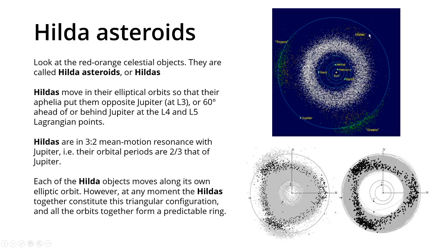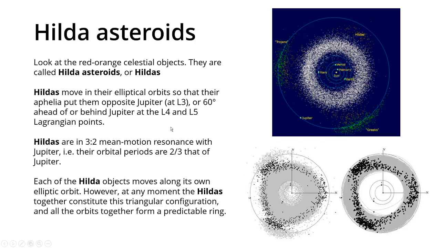Their aphelion, their apoapsis, is situated in L3. If you consider a two-body orbit, they actually have an elliptical orbit, and the apoapsis is in the L3 region of Jupiter.